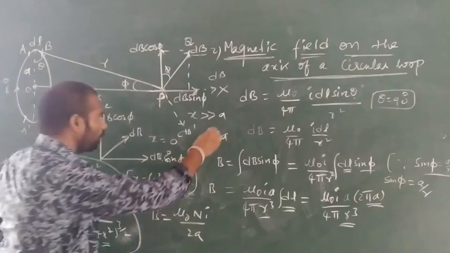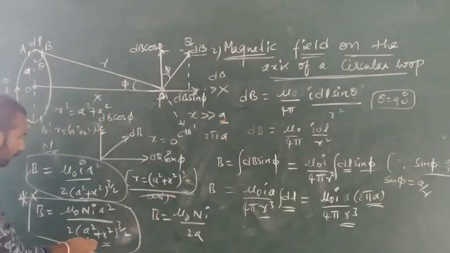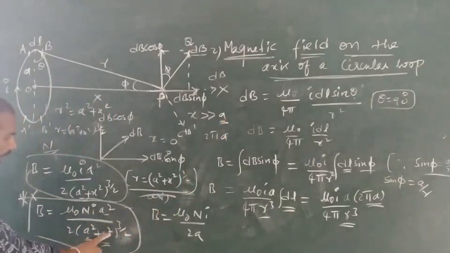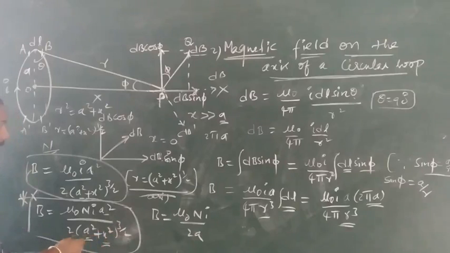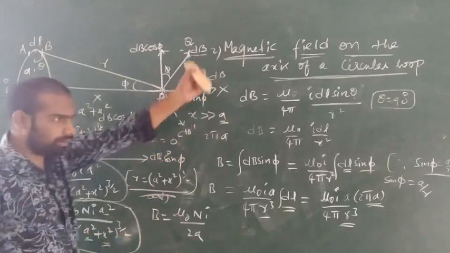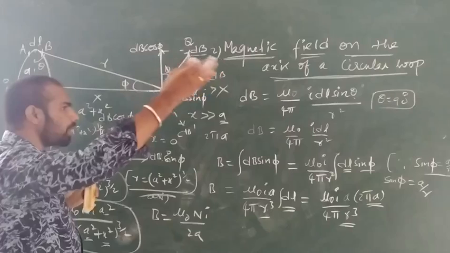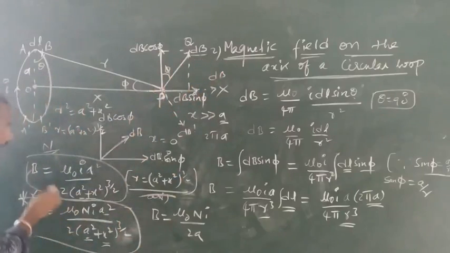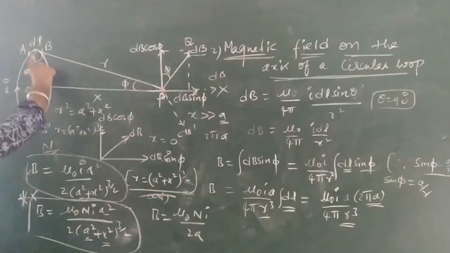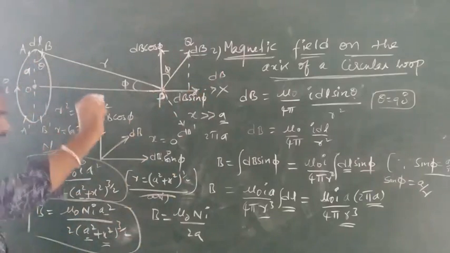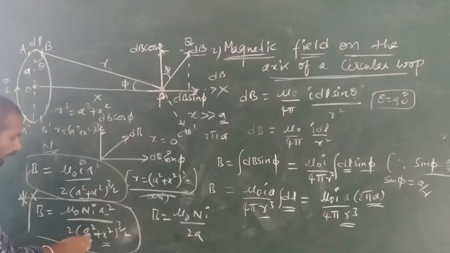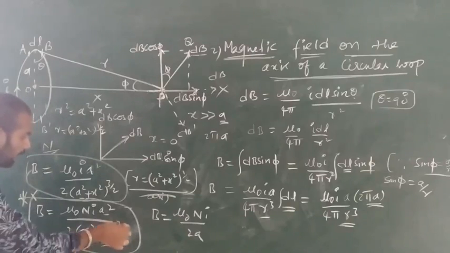We have to neglect a in the denominator, not the numerator. The circular loop is here and the point is at a far distance, so it will be like a point and a will be neglected. A is equal to 0. So we get x square whole power 3 by 2, 2 gets cancelled, x cube.